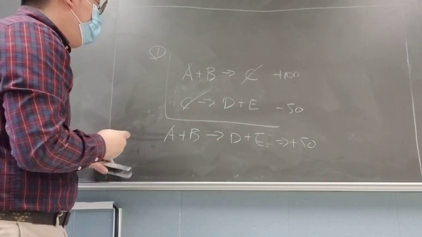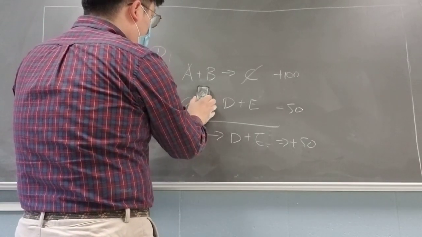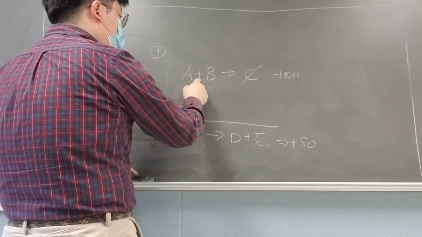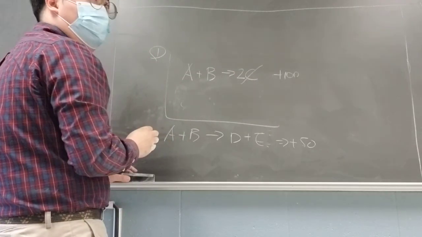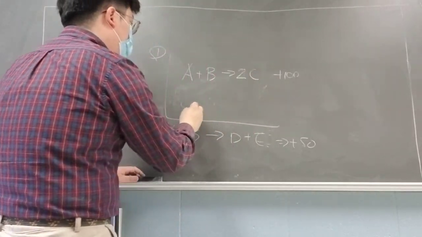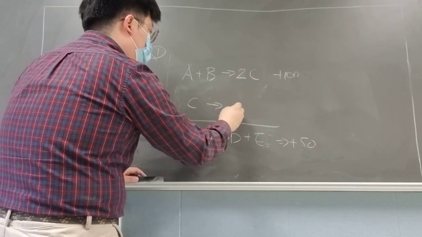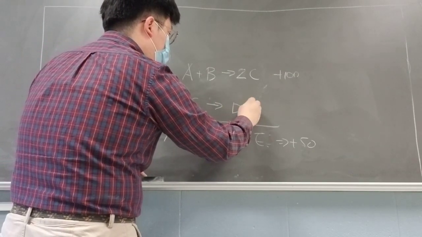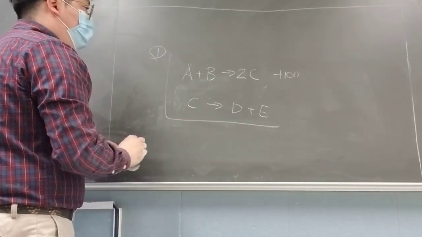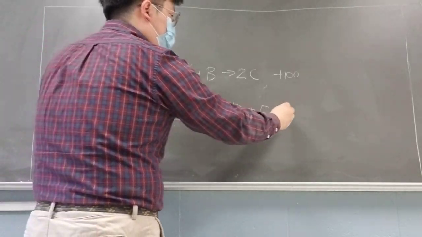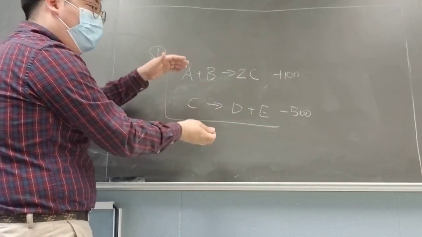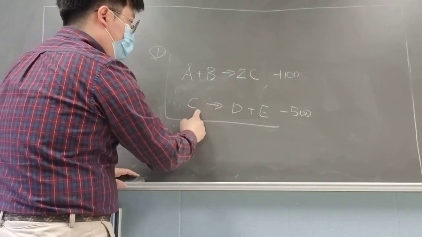And the second rule is this one. Whenever you have, for example, A plus B makes 2C, and then 1C becomes D and E. I want to combine these together, but they don't add up because of the intermediate.